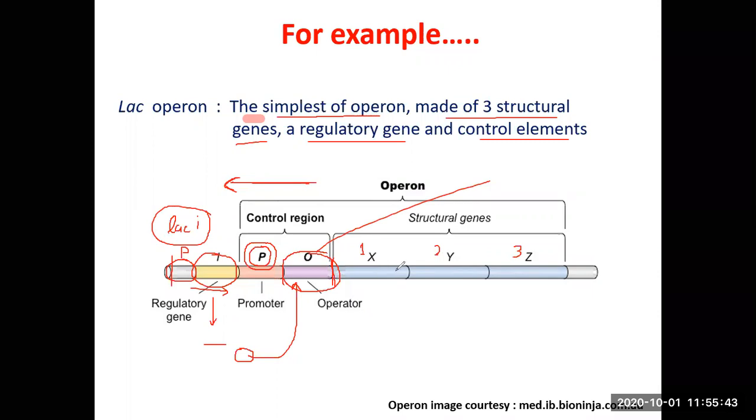You may have 3 structural genes, 2, or 5, and then there is a transcription termination signal where transcription will stop. So this is one example of an operon, the lac operon, which is supposed to be the simplest, and we'll understand it in more detail in the lectures to come.